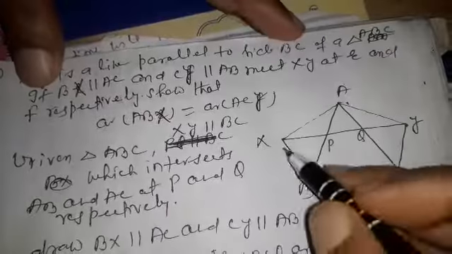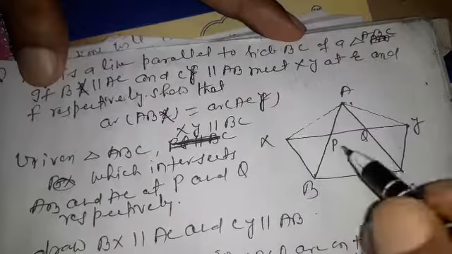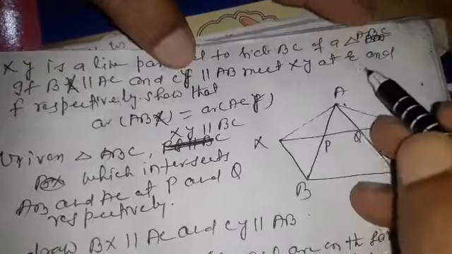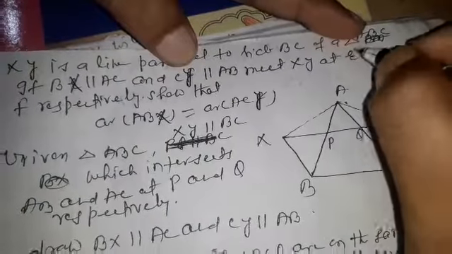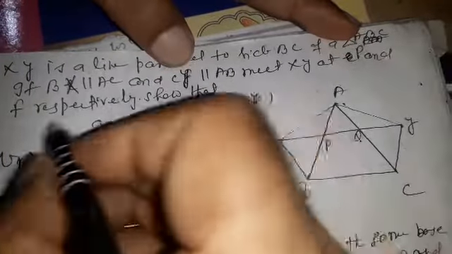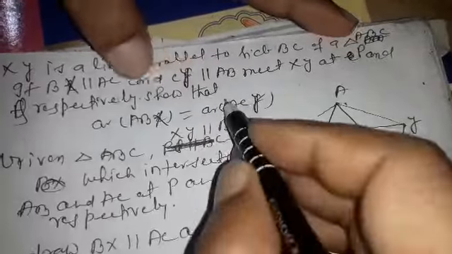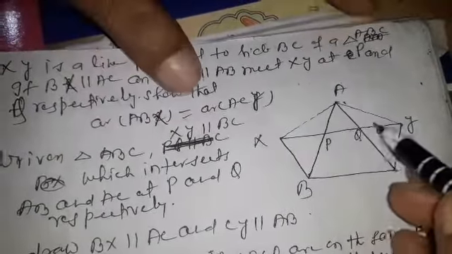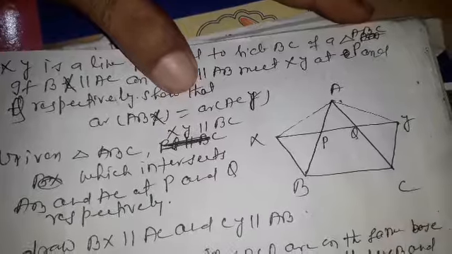If BX parallel to AC and CY parallel to AB meet XY at P and Q respectively, show that the area of triangle ABX is equal to the area of triangle ACY.